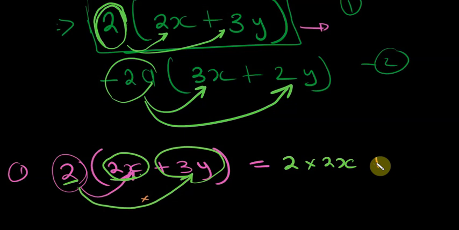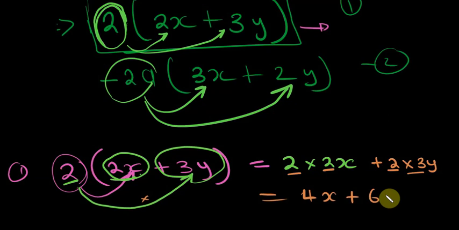So 2 multiplied by 2, multiply the coefficients, that is 4. 2 by 2 is 4, and then x remains as x. 2 multiplied by 3 gives us positive 6y. Okay, so there we go. 4x plus 6y is our answer.